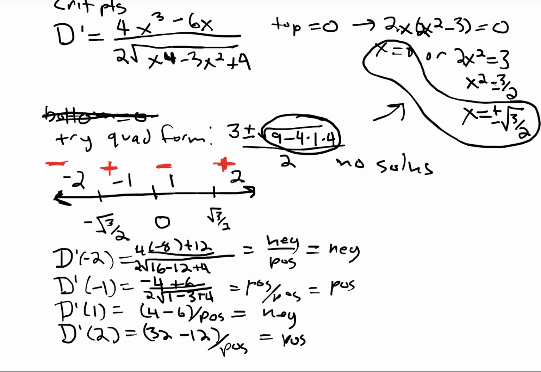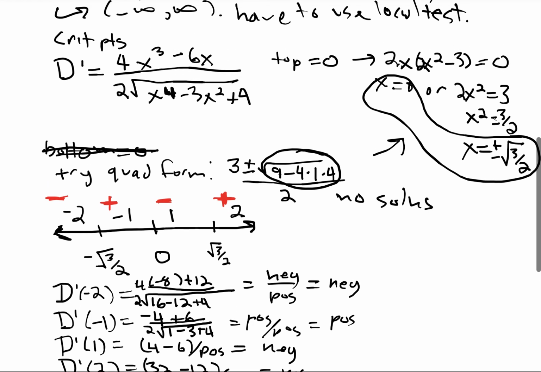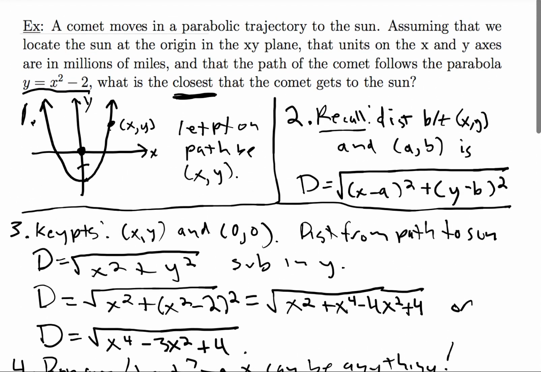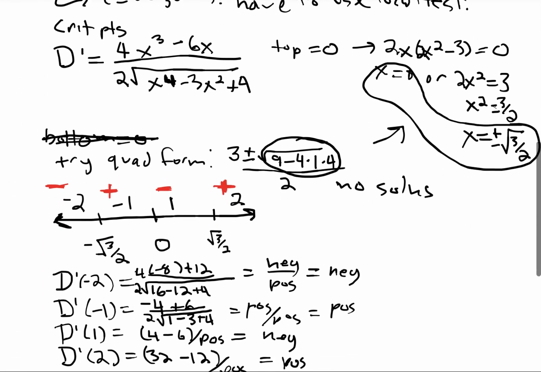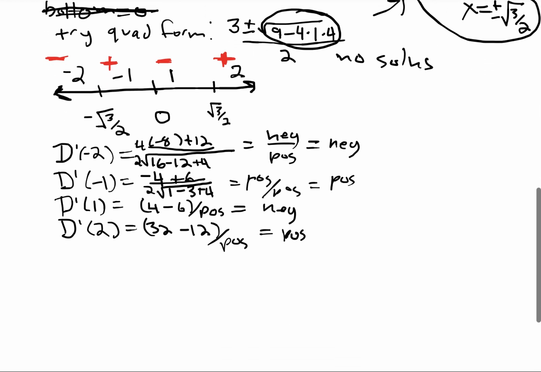What this is going to suggest, if I keep in mind what I was looking for in the first place, now it's easy to lose track. If I scroll back up, what I wanted in the first place was the closest point that the comet comes to the sun, so I wanted a minimum of that distance function. Now, investigating this chart, there's actually 2 mins here. There's a minimum at this guy, there's a minimum at this guy, because I'm decreasing then increasing, okay?